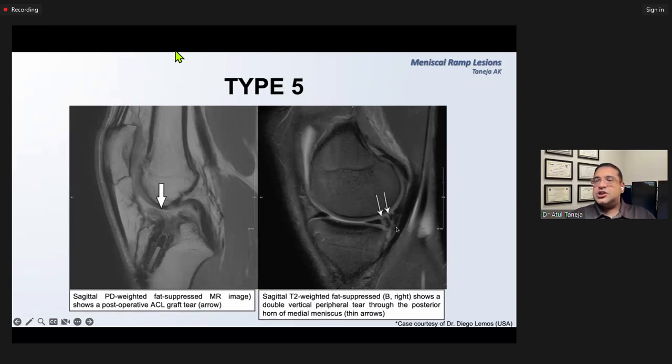I recently shared on my social media accounts, Telegram also, a case that I asked everyone how would you classify? The right answer is type 5. I'll send the other images later. There was a double tear, and it was interesting because we could only see that on the 3D.